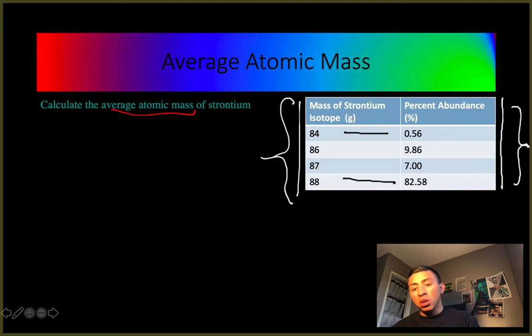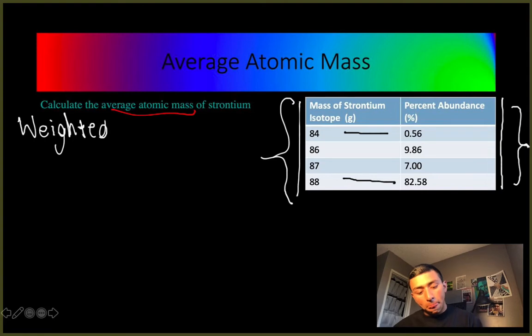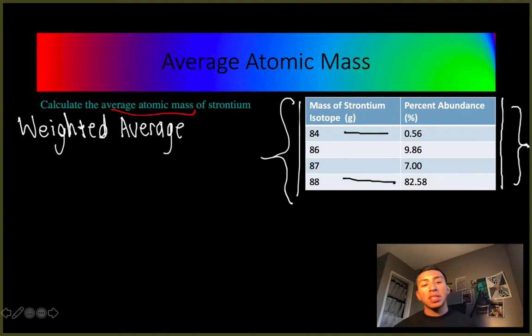And so what we do when we're approaching these problems is we calculate the average atomic mass by calculating a weighted average. We calculate a weighted average, and this is how we find our average atomic mass. And the setup for calculating a weighted average is like this, look.